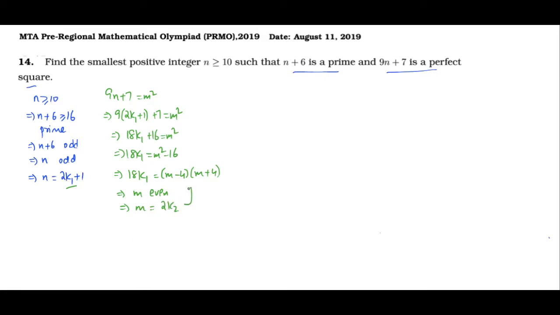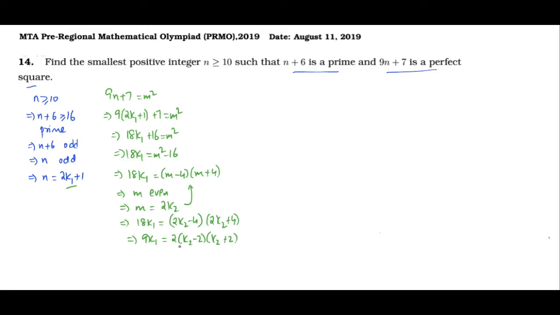Substitute this in the above equation. We get 18k1 equals 2k2 minus 4 into 2k2 plus 4. Upon simplification we get 9k1 is equal to 2 into k2 minus 2 into k2 plus 2.